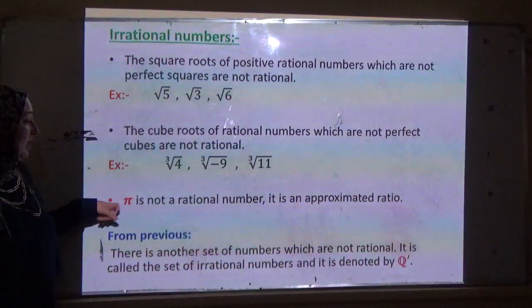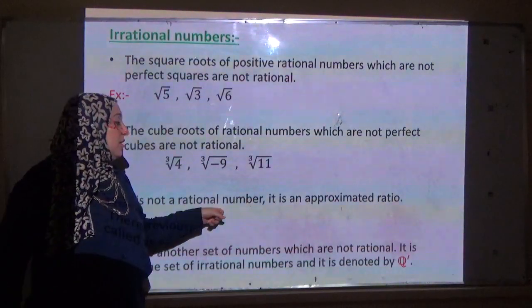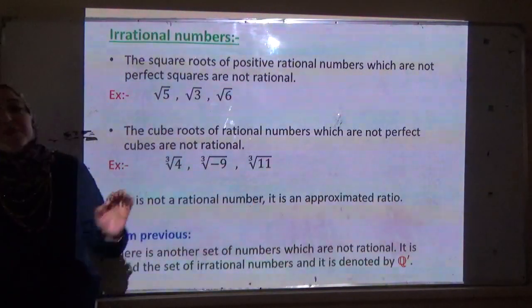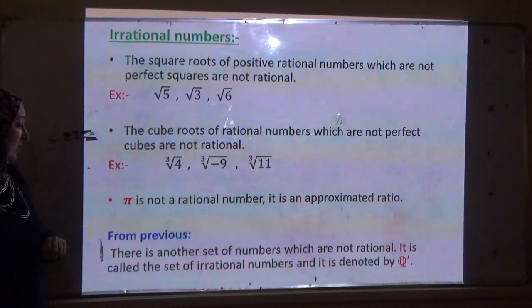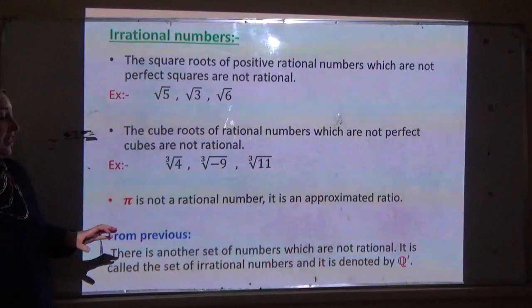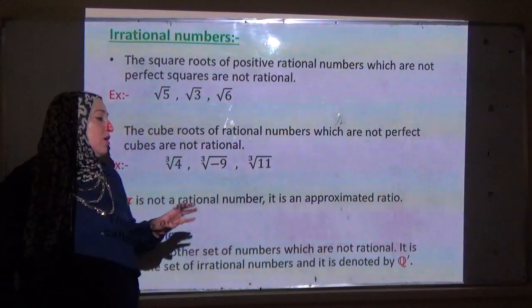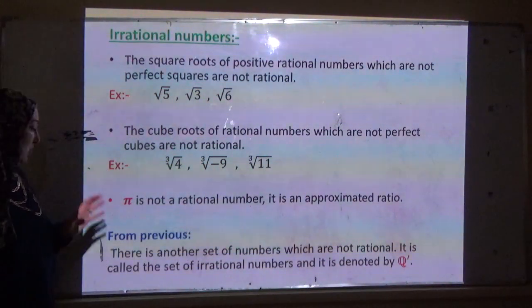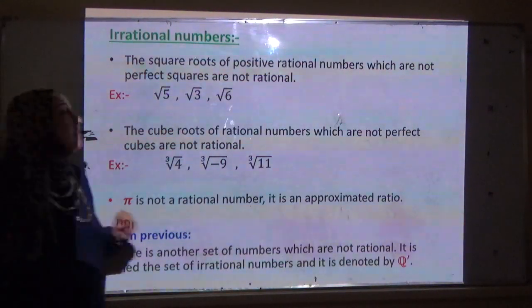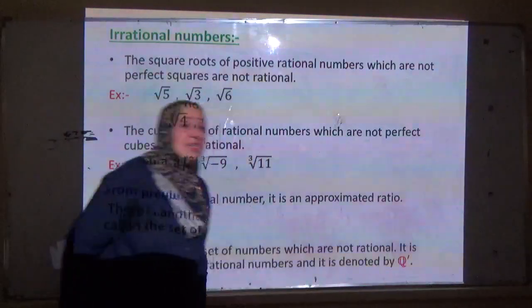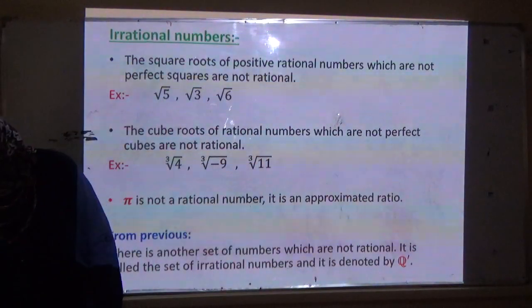Pi is not a rational number because it's an approximated ratio, not an exact ratio. From previous, there is another set of numbers which are not rational. It is called the set of irrational numbers and it's denoted by Q dash.